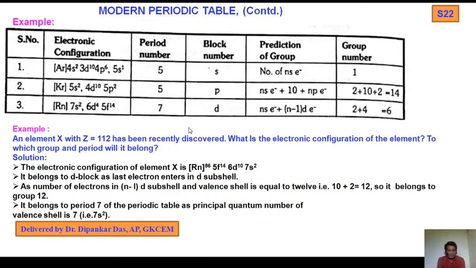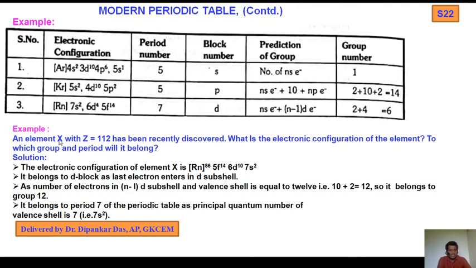In order to find the group number, number of NS electrons 2 plus number of (n minus 1) d electrons, that is in the penultimate shell, n minus 1. n minus 1 means 7 minus 1, which is 6. 6d contains 4 electrons, so that's why I have written 2 plus 4, that is 6.